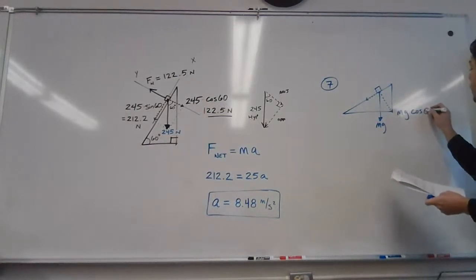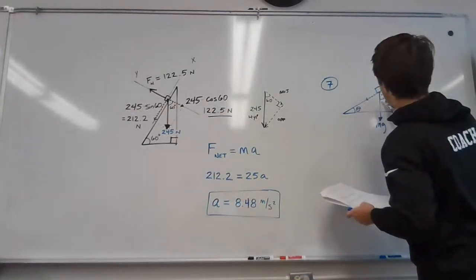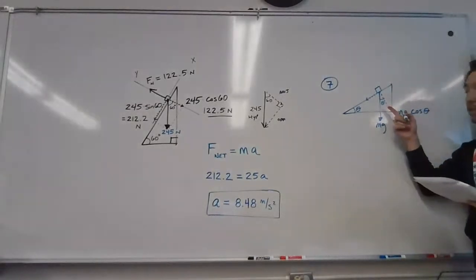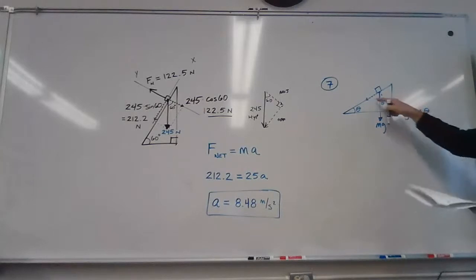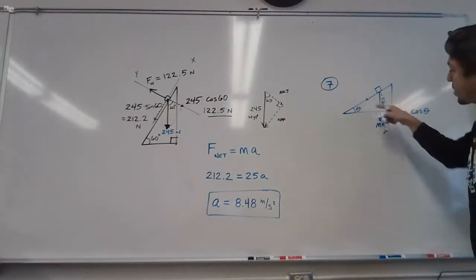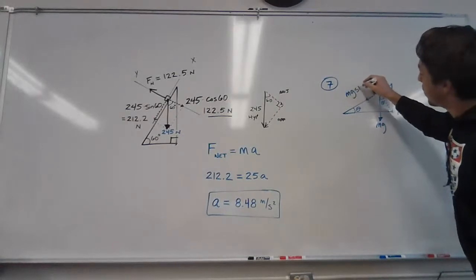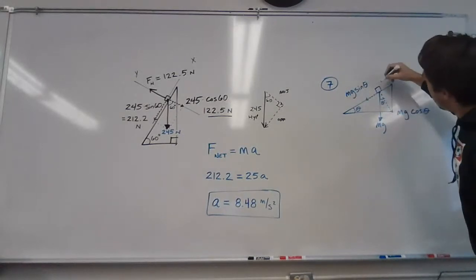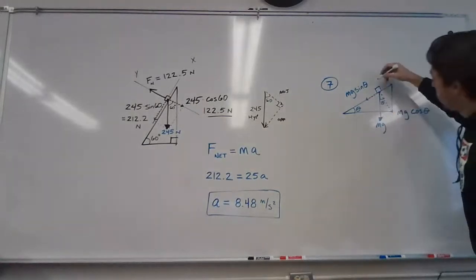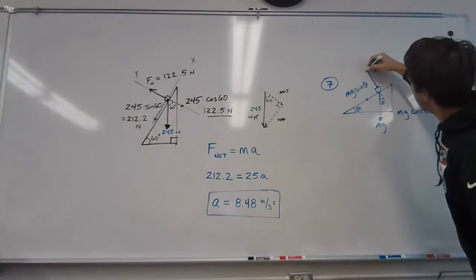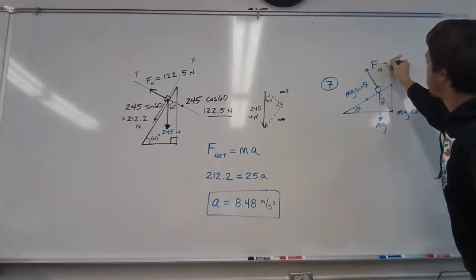Yeah, mg times the cos. Remember, this is theta, so that theta would also show up in that little triangle right there. This adjacent side is mg cosine theta. This opposite side on the triangle is mg sine of theta, not to be confused with this, the x-axis component.